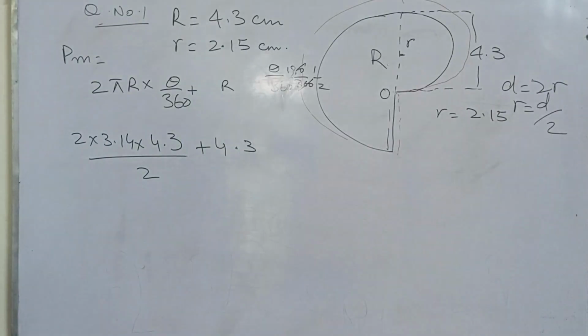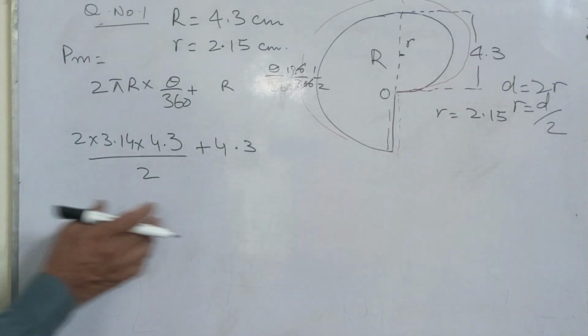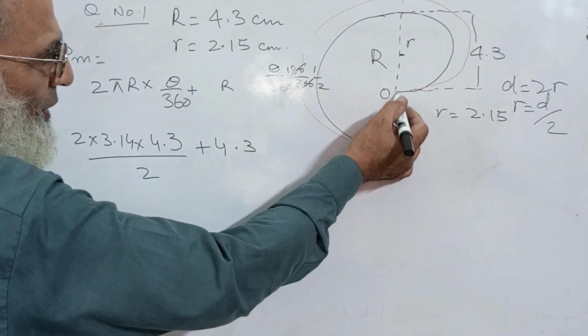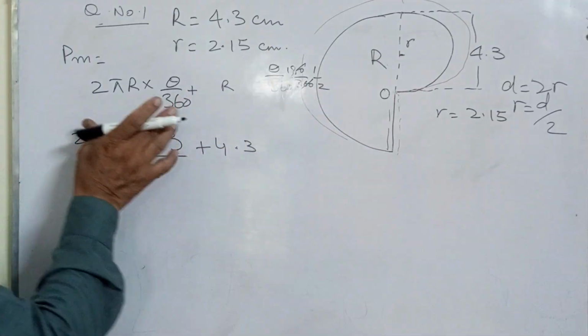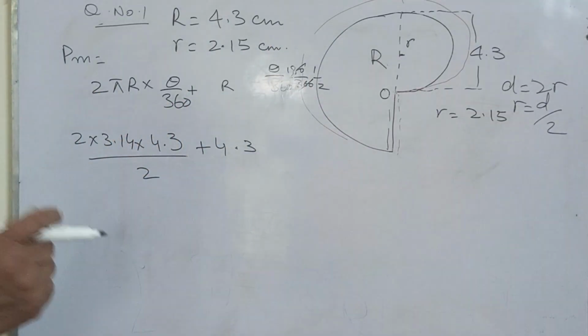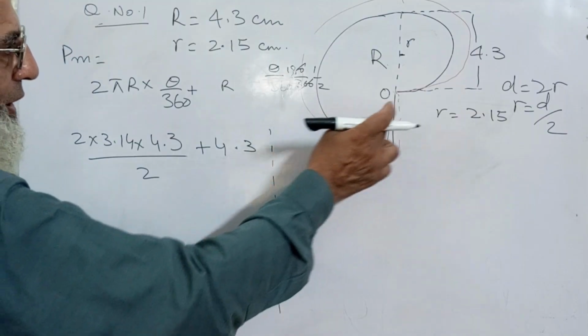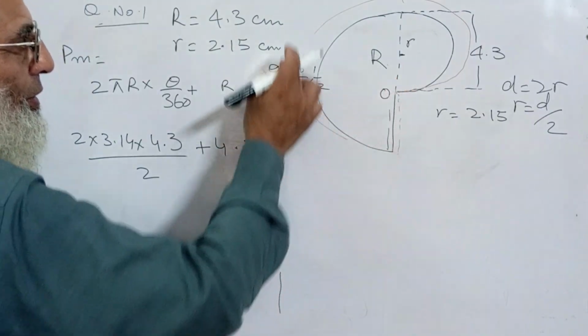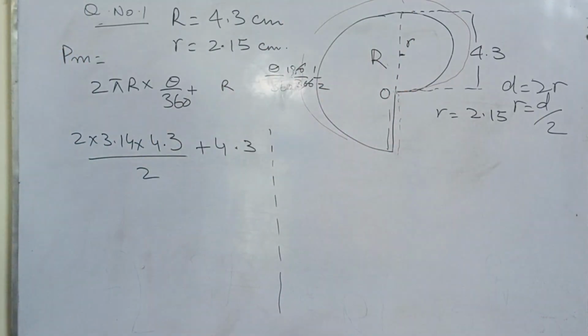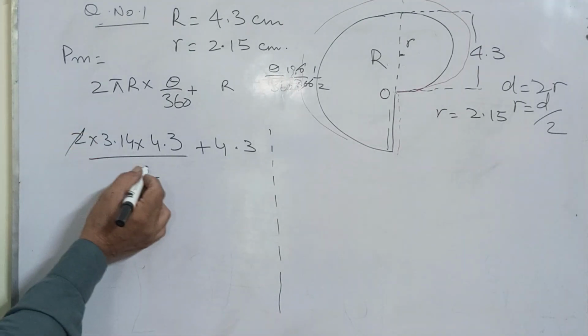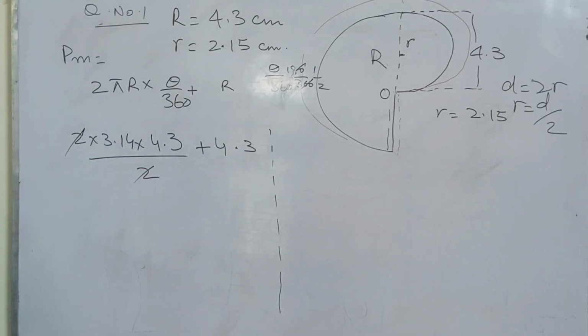We'll get. Now this is the portion which I am going to take from here. I am going to do the perimeter in two portions for a while. Okay, from here to here only. So this will cancel this. This will cancel this.